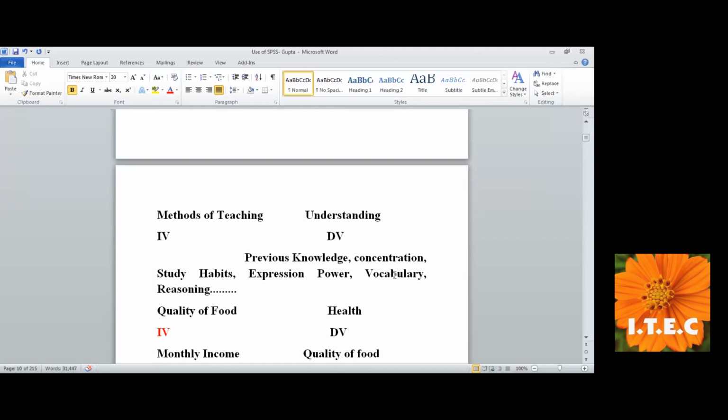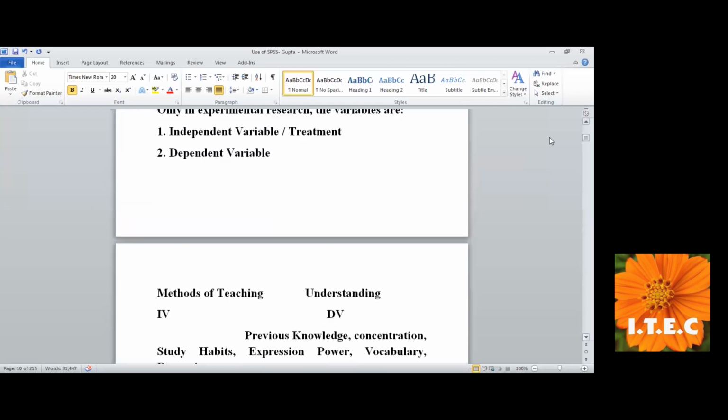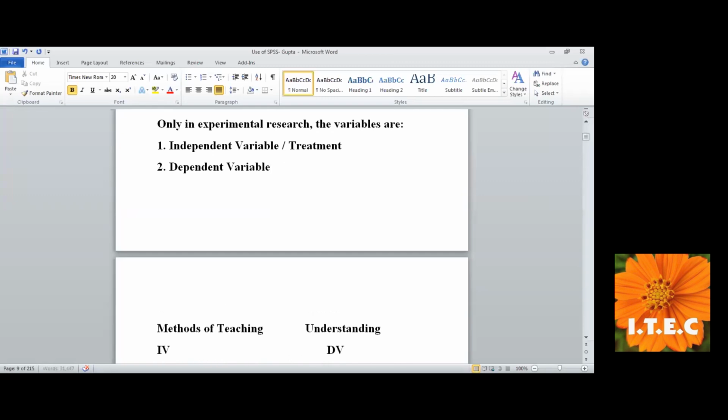Some of these variables are in the process and some are outside the process. These variables are called intervening variables. So there is another type of variable which is called intervening variable.